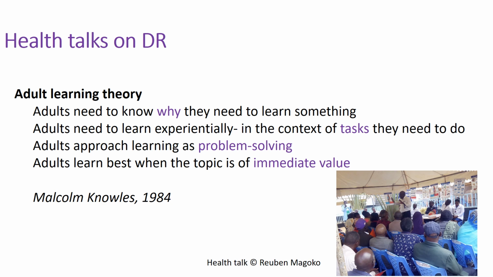That means the learning should be linked to the tasks that they need to do. Thirdly, adults approach learning as problem solving. And fourthly, adults learn best when the topic is of immediate value. How can we apply these 4 principles to health talks on the health behaviors we have just mentioned?